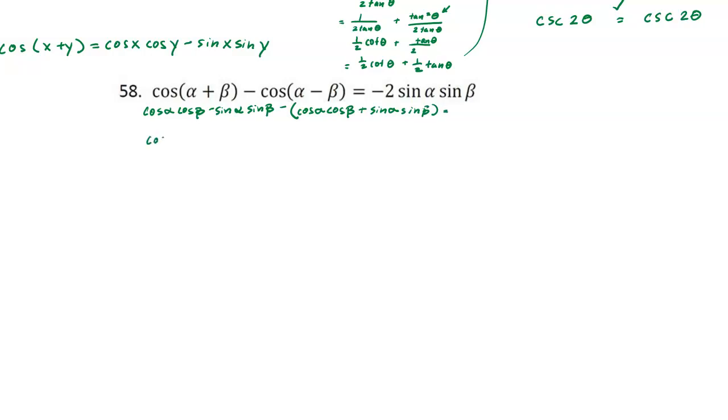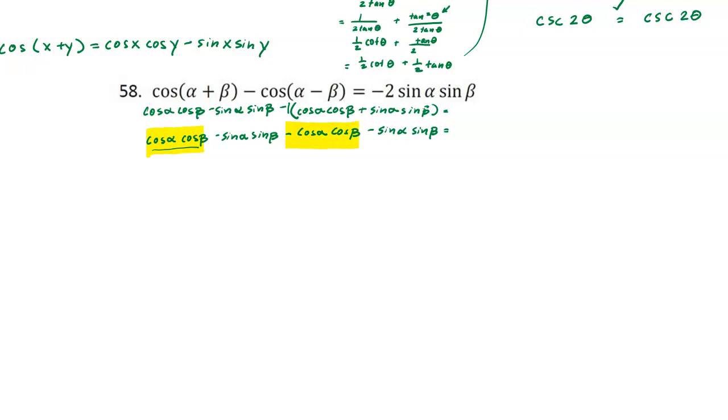Now I have cosine of alpha, cosine of beta, minus sine of alpha, sine of beta. Distribute: cosine of alpha, cosine of beta, minus sine of alpha, sine of beta. This whole problem is devoted to just distributing that -1 through. I truly believe that. You have a cosine of alpha and beta, cosine of alpha and beta.